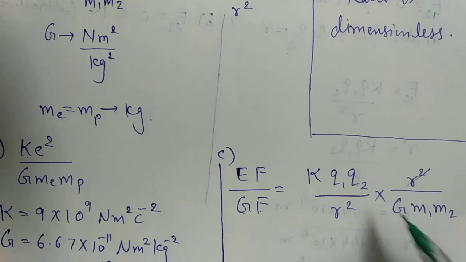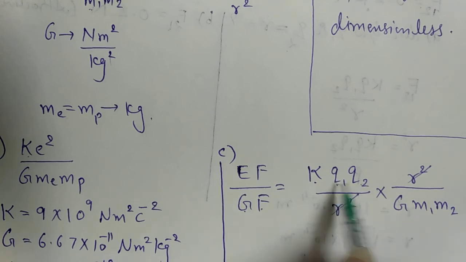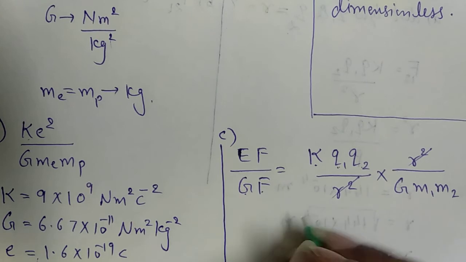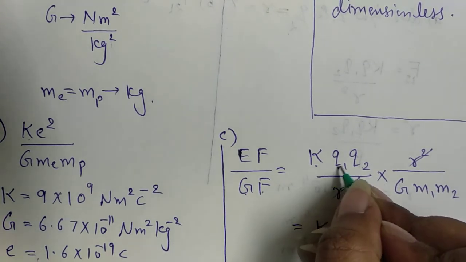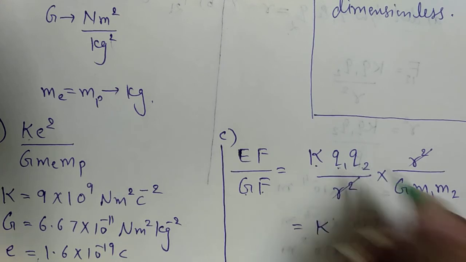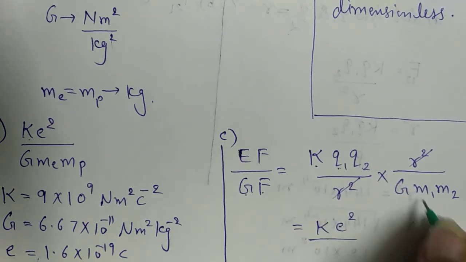So the square of distance gets cancelled off, so we are left with K Q1 Q2 upon G m1 m2. This is also a charge and this is also a charge, so instead of that I can substitute the electronic charge E over here and over here also, so it will give me E square divided by this.